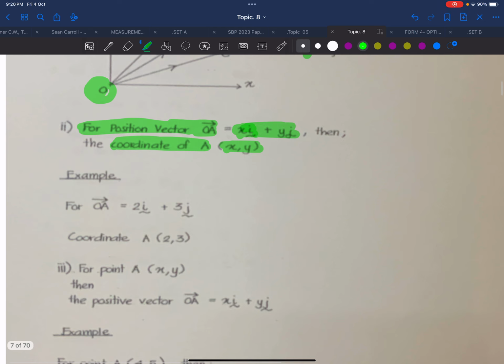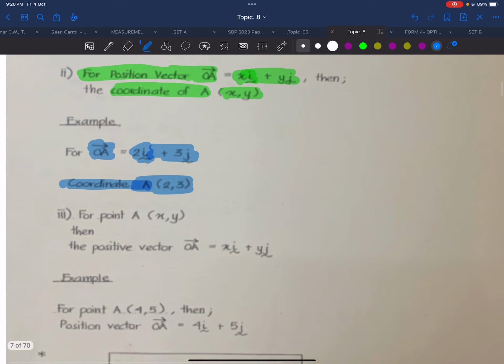Look at the example. For the position vector OA, 2i plus 3j, that means the coordinate of A is 2 and 3. It's the point (2, 3). And then we can do this in reverse.